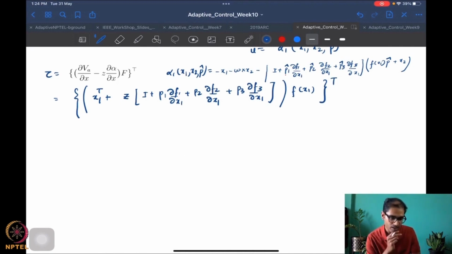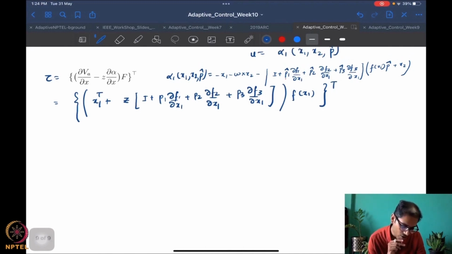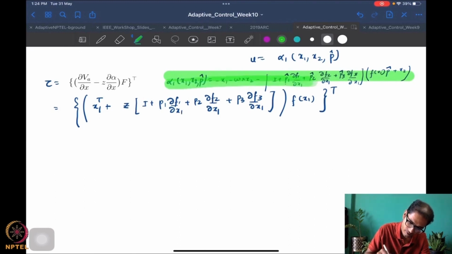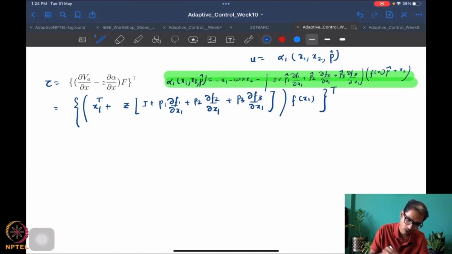So let me see if we are consistent in the dimensions. So this is my control law, and this is my tau. I'm just trying to verify if my dimensions are correct. So x1 transpose is a 1 by 3 vector, z is a 3 by 1 vector.